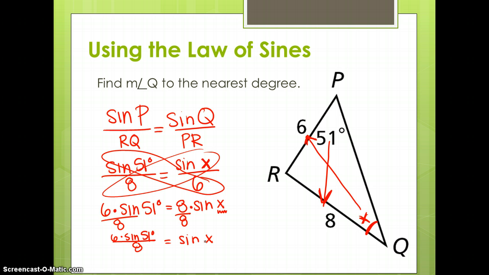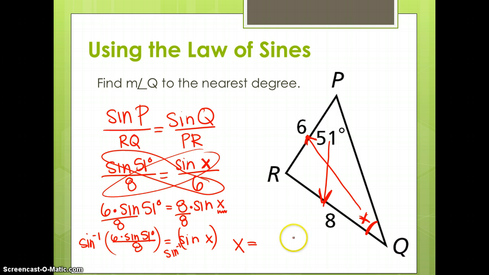And now we want to remove that sine function. To remove the sine, we do the opposite, which is sine inverse. So on both sides, and this is the part where you got to watch what you're typing in. You want to take the inverse sine, and that entire 6 times sine of 51 divided by 8 is what needs to go into the parentheses. Make sure you type this in and try this right now, following along.